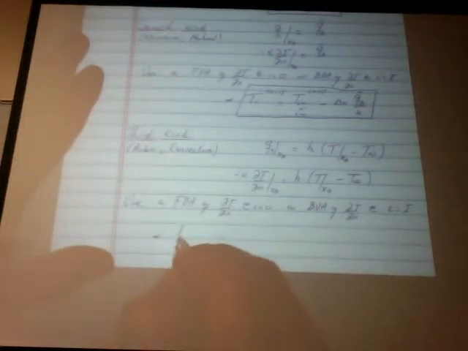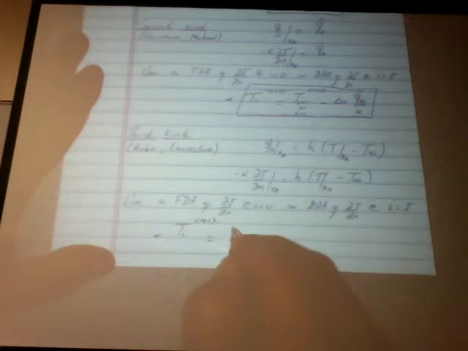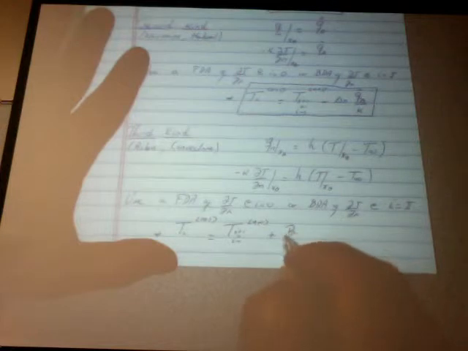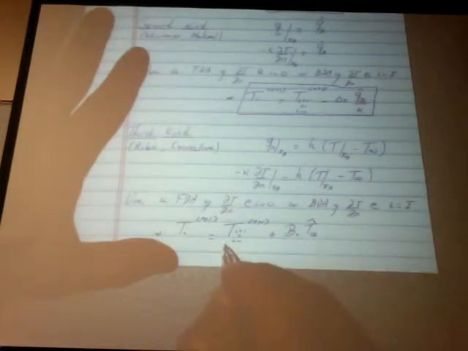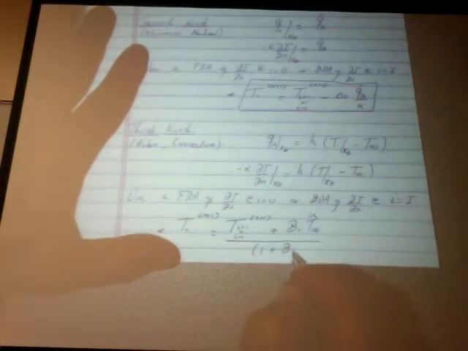And what we'll end up with is T_i at n plus 1 is equal to T_(i+1) or T_(i-1), depending on whether you are on the last node or the first node, plus the Bi number times T infinity, divided by 1 plus the Bi number.